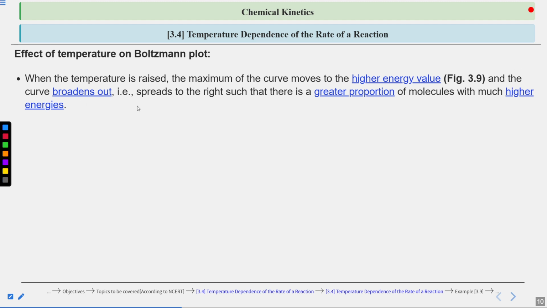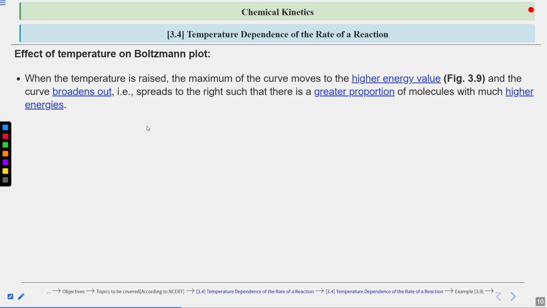The curve also broadens out with the increase of temperature, that is, it spreads to the right, such that there is a greater proportion of molecules with much higher energies.